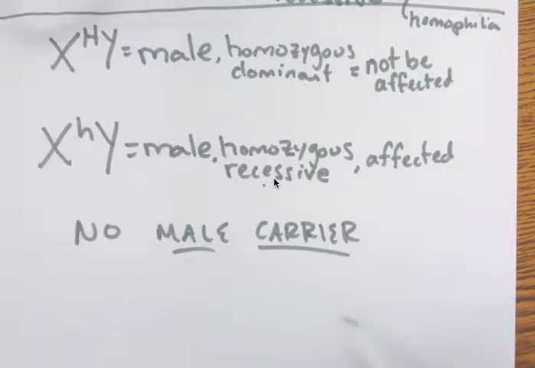Note there's not a third option here because there's only one X. If you're a male, you either don't have the disorder because you have one dominant allele, or you express the disorder because you have one recessive.